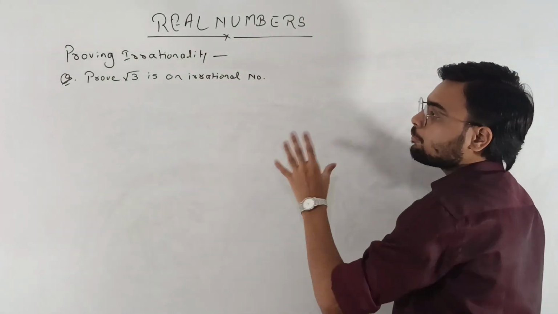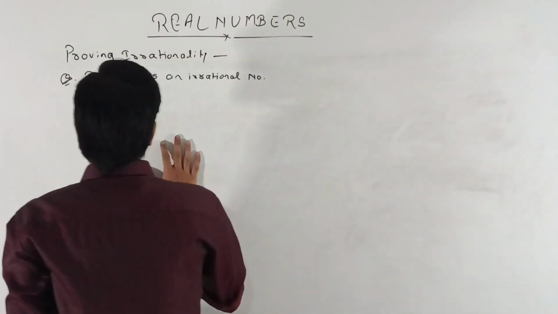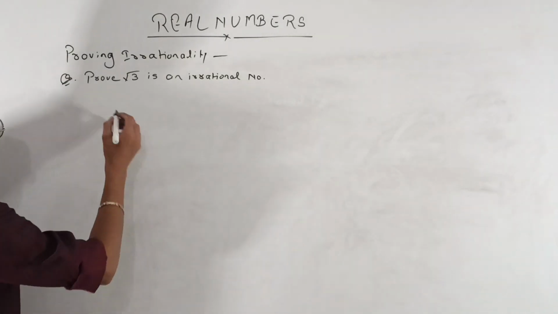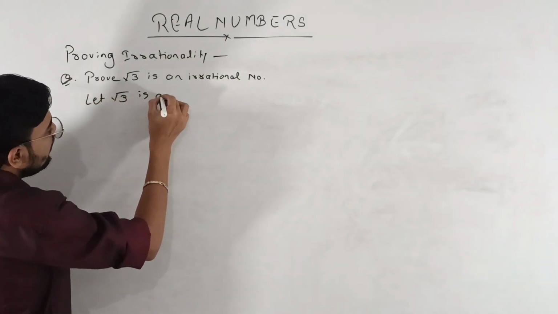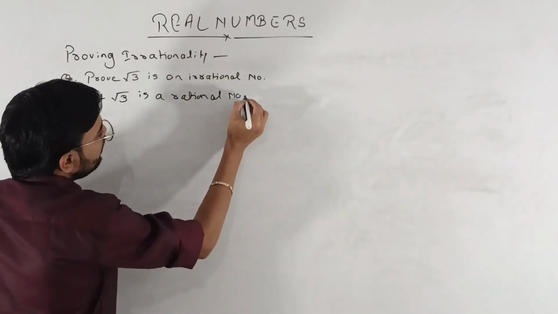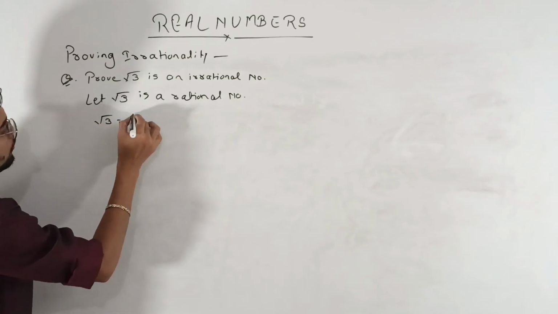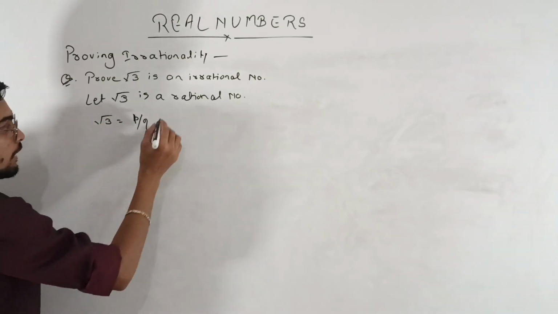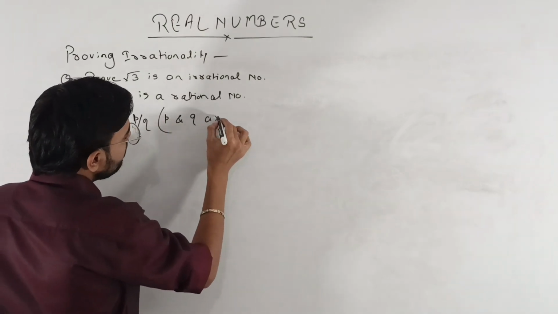Now in this question, we have to prove that root 3 is an irrational number. For proving this, we use the contradiction method. For using this method, first we assume that root 3 is a rational number. Then I write root 3 is equal to p upon q, because a rational number is in the form of p upon q, and p and q are co-prime.